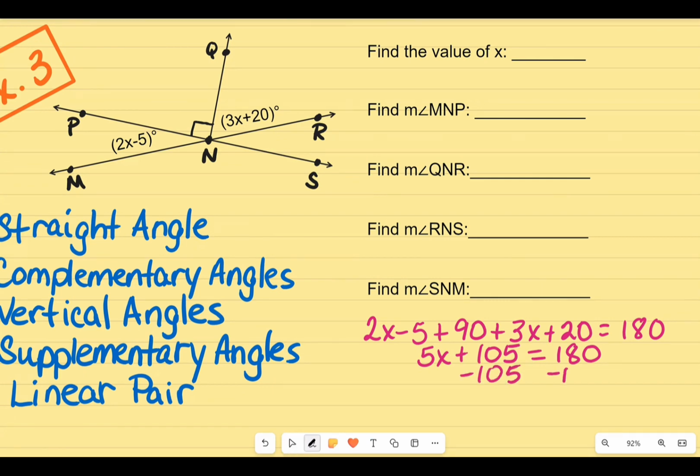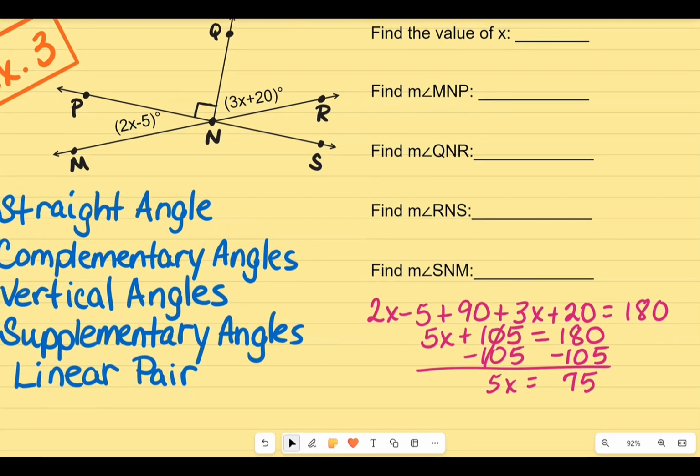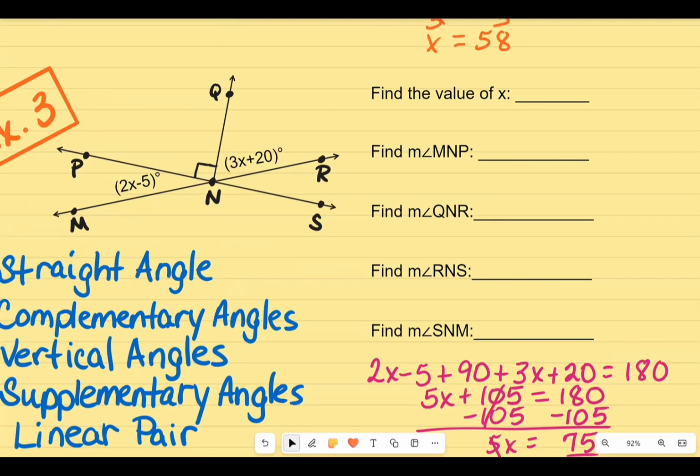So I'm going to subtract 105 on both sides. That leaves me with 5x is equal to 75. And now I'm going to divide both sides by 5 because that's what's stopping x from being by itself. And x then becomes 15. So for the value of x, I'm going to write 15 in there.